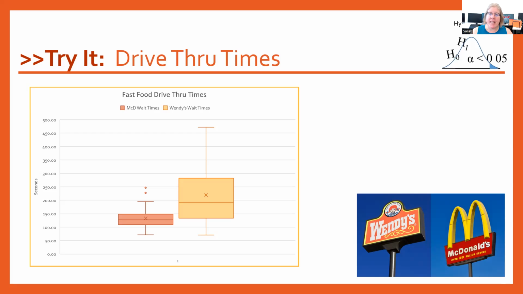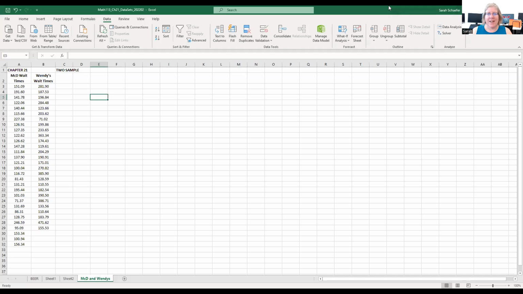If you didn't get the same test statistic and p-value as me, I'll switch over to Excel and I'll show you how I got those ones. All right, so if you're wanting to use the data analysis package to get your test statistic and your p-value, you want to be on the Chapter 21 datasets on the Mickey D and Wendy's tab. So to do the data analysis, we do need to go to the data ribbon, and then we'll click on data analysis.